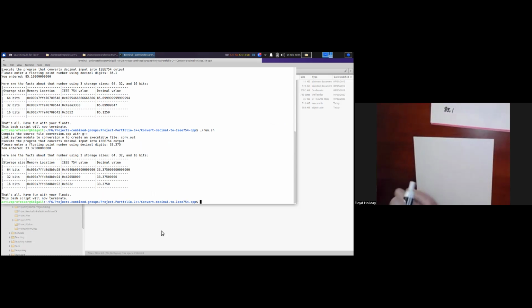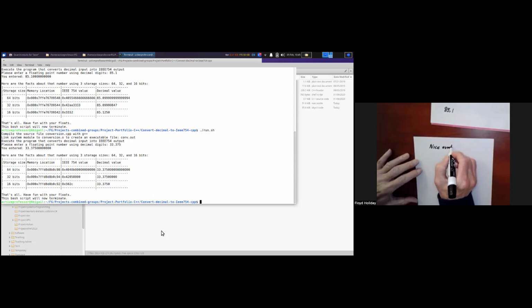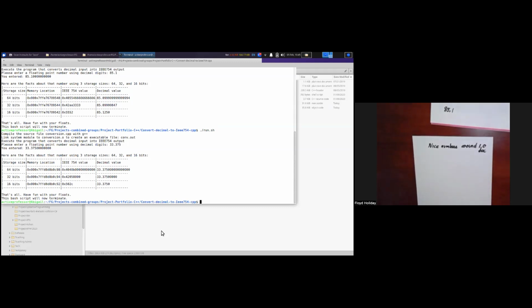Before we go that direction, let me point out that the nice numbers, whatever nice means, are those around 1.0 decimal. Numbers that are astronomical in size, with quadrillion digits involved, are not nice. So around 1.0, you get really nice looking numbers.